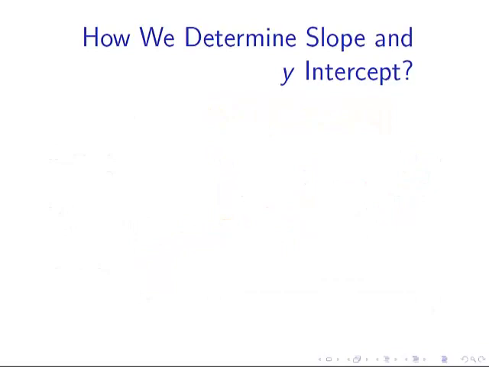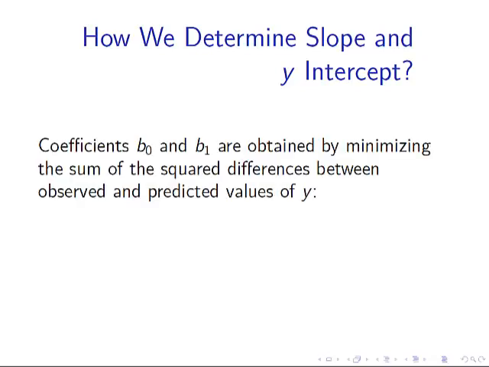How do we determine the slope and y-intercept of the line which passes through these points? The coefficients b0 and b1 are obtained by minimizing the sum of the squared differences between the observed and predicted values of y.